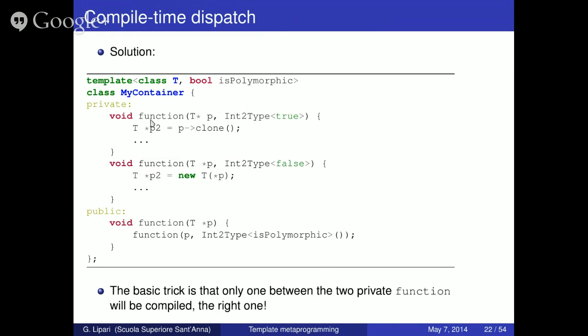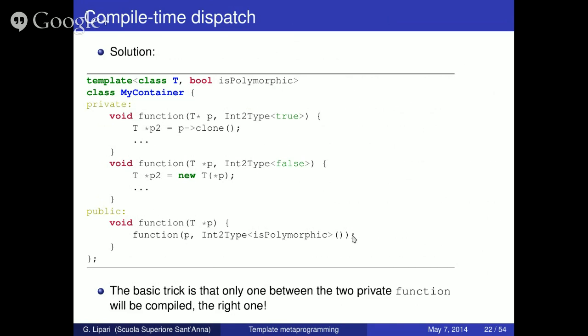So the compiler will compile only one of the two, and the correct one. So the basic trick here is that only one of the two private functions will be compiled, the right one. So we don't run into the problem of whether it has a clone or a copy constructor, because we select which function to call depending on this fake parameter.